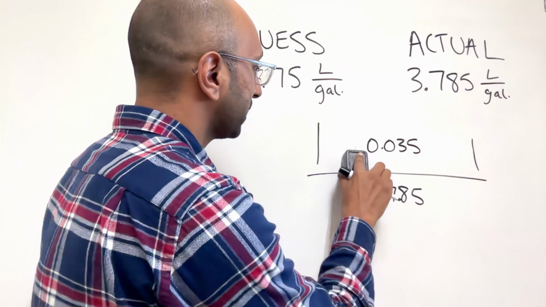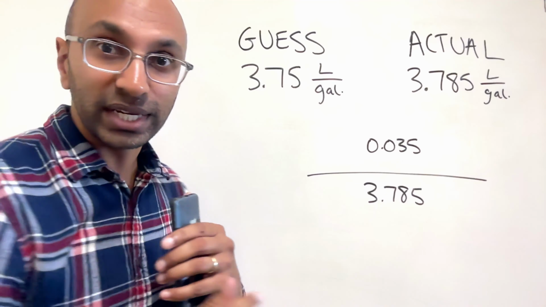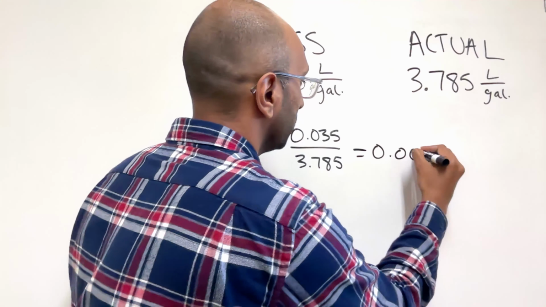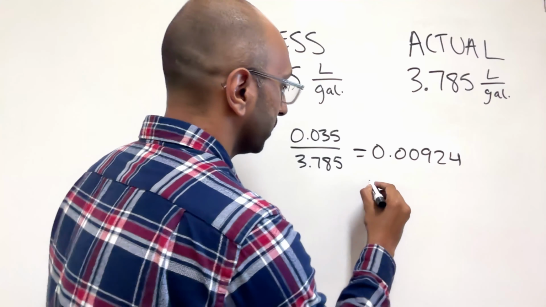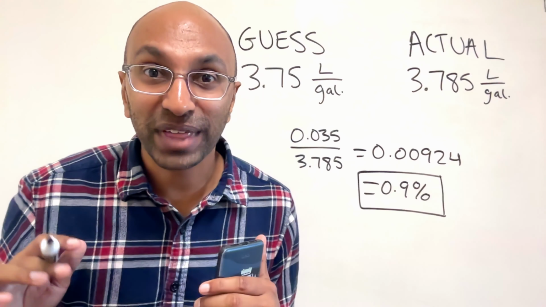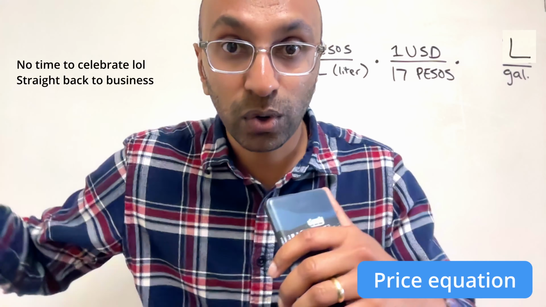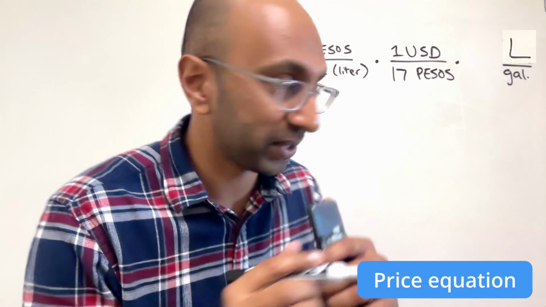Getting rid of the minus sign because of the absolute value, we're left with this fraction, which equals 0.00924, or 0.9%. Wow, I can't believe that answer was less than 1% off. That's insane! Cool, so since our guess was surprisingly accurate, let's stick with that.